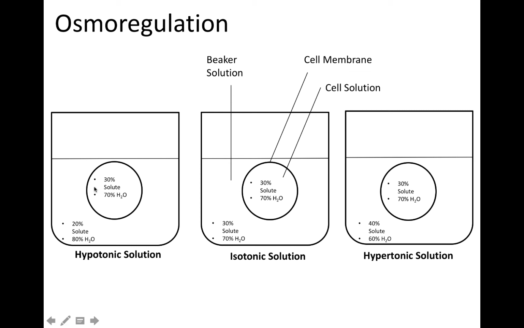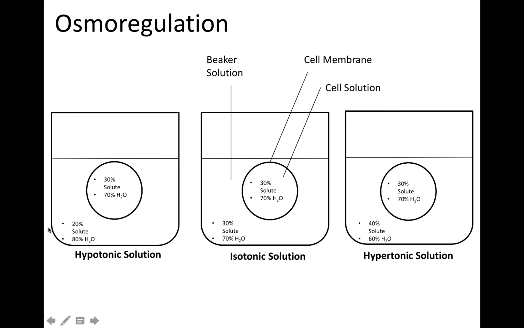Now, if we look at the hypotonic solution, our cell has a 30% solute concentration. The rest is water. Now, the solution inside of the beaker has a 20% solute concentration. According to the laws of osmosis, water will always move towards the higher solute concentration across a membrane.